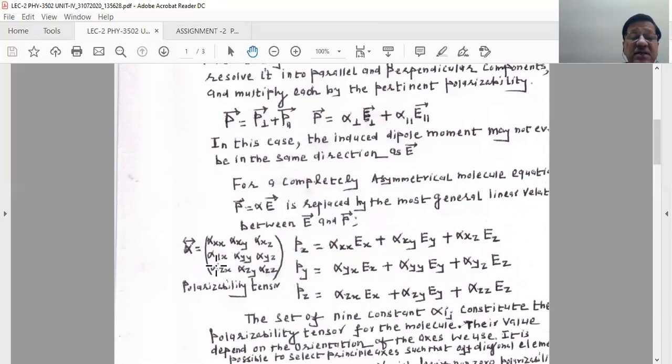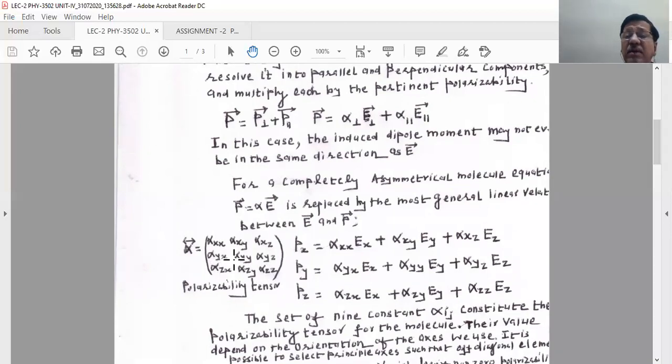So here I have mentioned this polarizability tensor alpha, and you see there is a notation of the tensor, with an arrow on both sides. So this is the notation of a tensor, and the polarizability tensor can be written as alpha xx, alpha xy, alpha xz, alpha yx, alpha yy, alpha yz, alpha zx, alpha zy, alpha zz. So basically, this is the polarizability tensor which we have mentioned here.